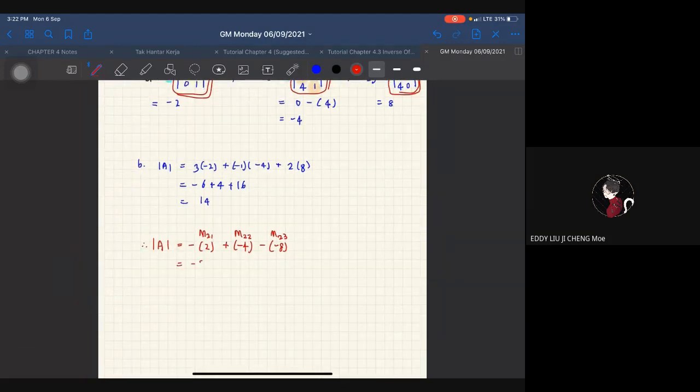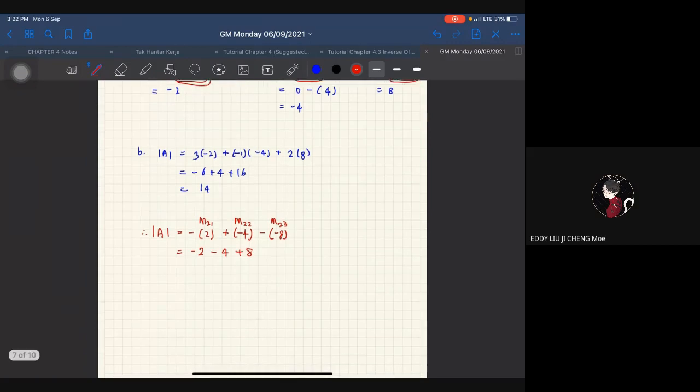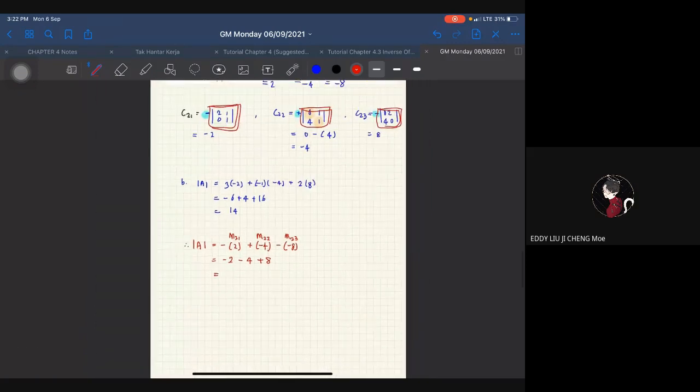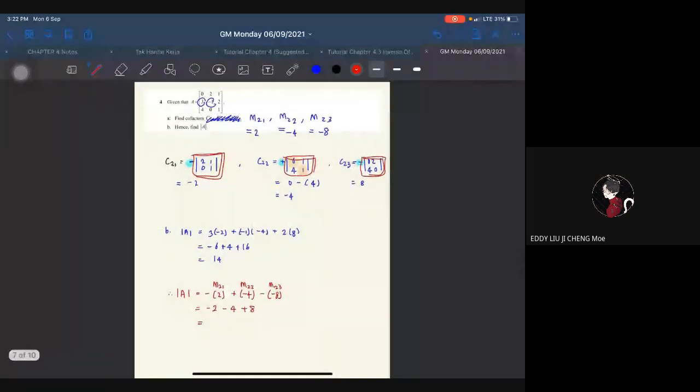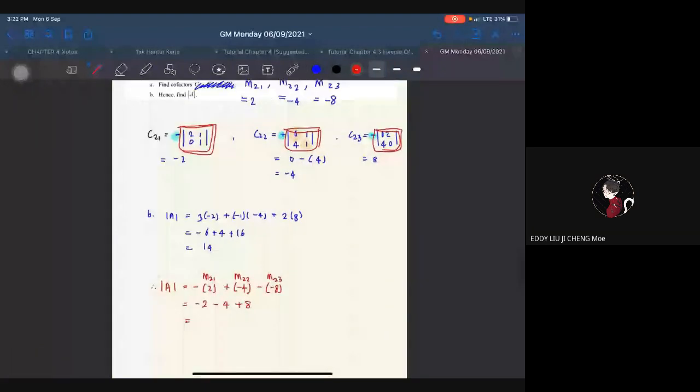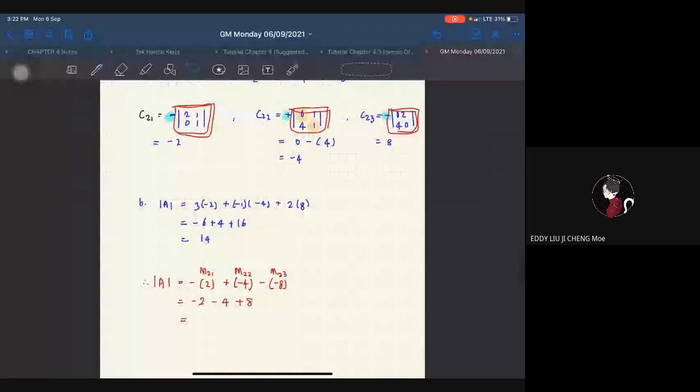Okay, so let's try. We have -2 minus 4 plus 8. Macam pelik je jalan kerja saya ni. Oh sorry, kita kena darabkan dengan something.